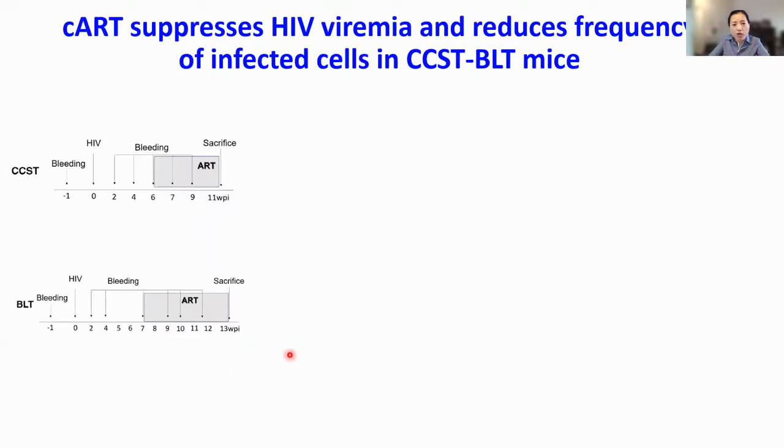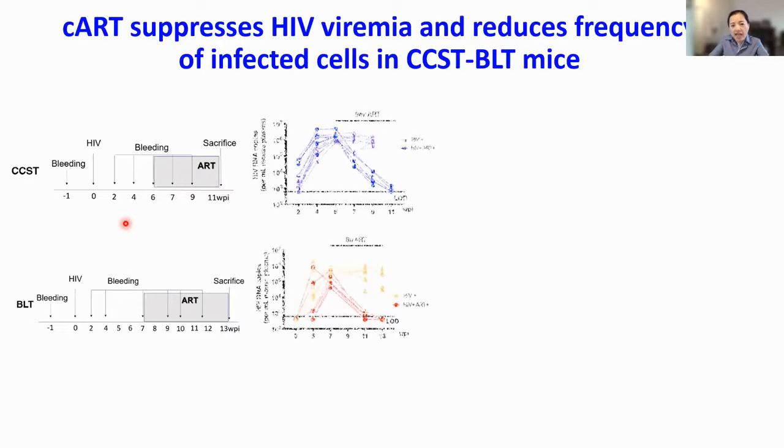We then went on to see whether this model could be used to characterize the development of the HIV reservoir. So to do this, we infected the mice with HIV as we showed previously. At 6 weeks post-infection, we treated them with combination antiretroviral therapy. And as you can see, in response to our treatment, viral suppression was observed in both models.